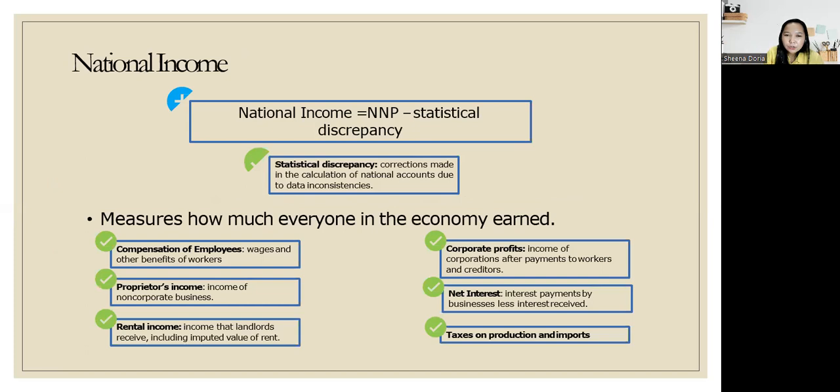Okay. So national income is equal to net national product minus statistical discrepancy. So corrections made in the calculation of national accounts due to data inconsistencies. So it measures how much everyone in the economy earned. Ayan. So such as compensation of employees, proprietor's income, rental income, corporate profits, net interest, taxes on production, and imports.